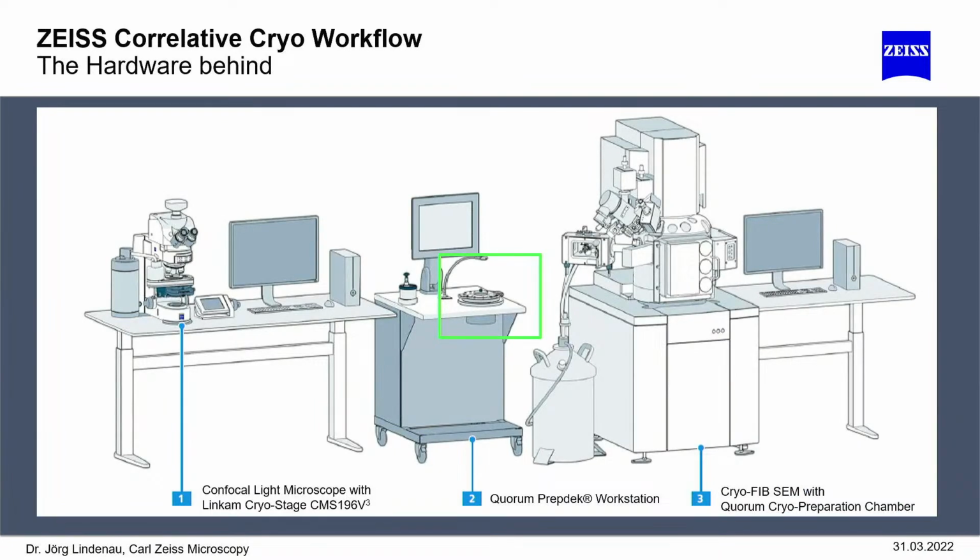This is how this equipment looks. We have a central mounting unit here. This is from Quorum, and then we have a Linkam stage mounted under the confocal microscope, and the Quorum stage, the loading stage for the crossbeam system here.